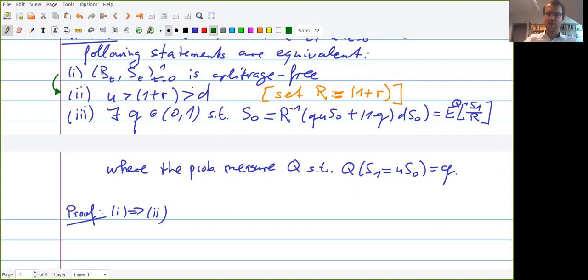We first want to show if the market is arbitrage free, then these parameters fulfill these two inequalities. And the way to do this, I mean, this we have seen already a few times, is okay, we want to assume that this is not true, and then we want to show that there's an arbitrage. So this is the usual trick of applying a proof by contrapositive.